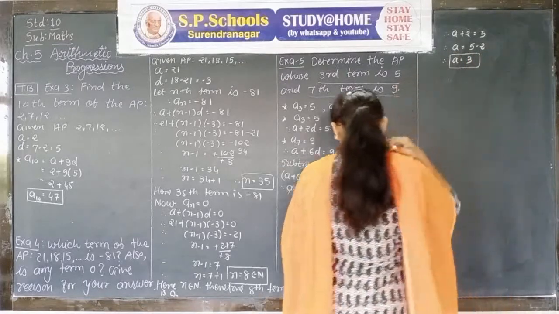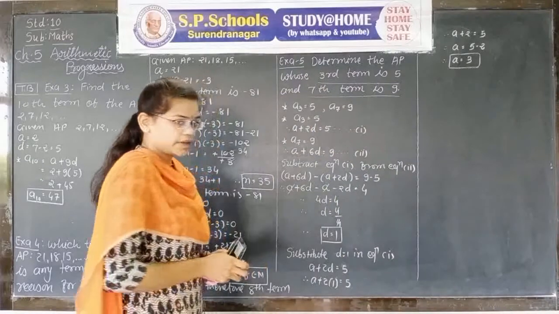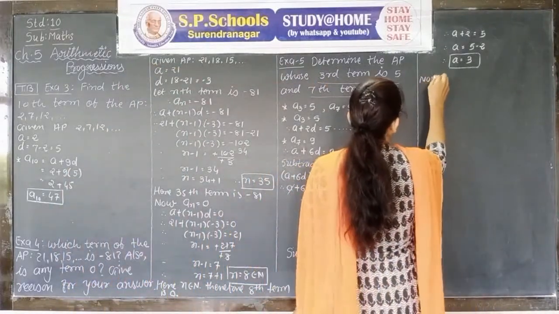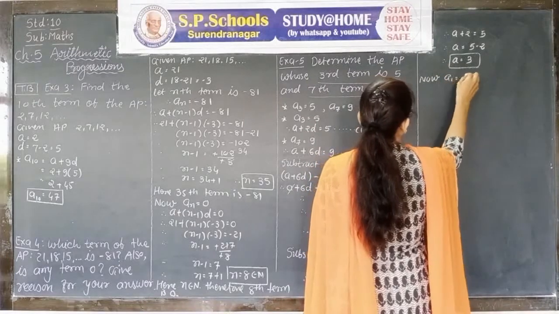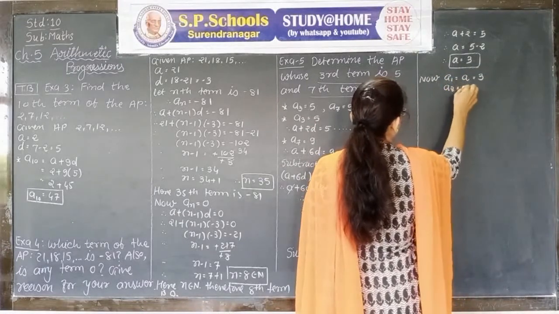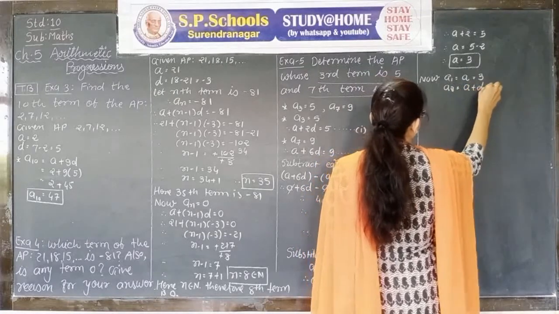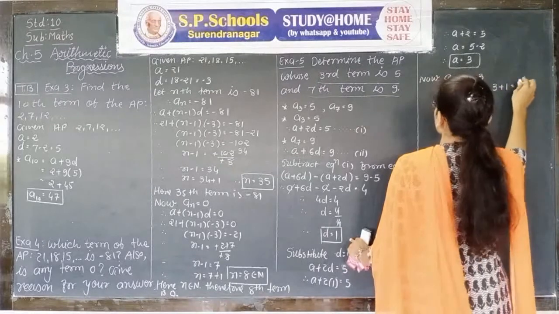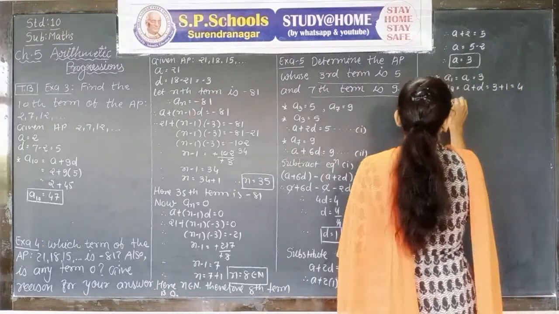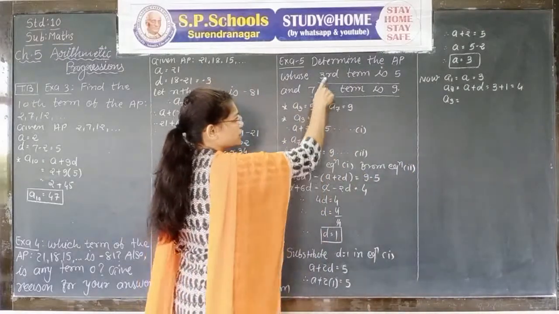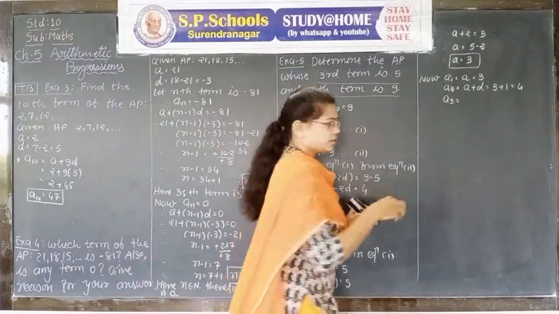Here the value of a and the value of d are obtained. Now we find the AP. To find the AP we require the first term a1 is equal to a is 3. Second term a2 is equal to a plus d, where a is 3 and the common difference is plus 1, which is 4. Third term a3: see, the third term is already given in the question. Third term is 5. You can write it directly.